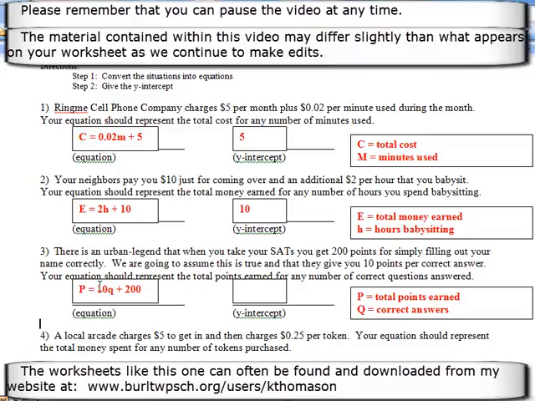So if you're getting 10 points per correct answer, plus they're giving you 200 just for filling out your name, that's how you're going to figure out your total points. So now using our shortcut, our y-intercept, which is where this equation will cross the y-axis, would be 200.